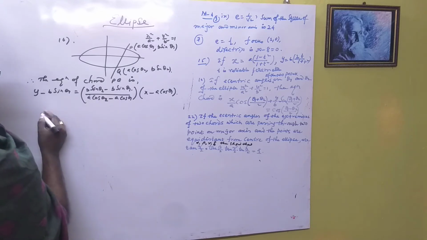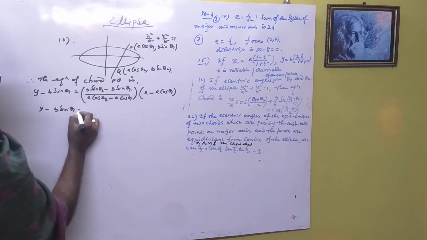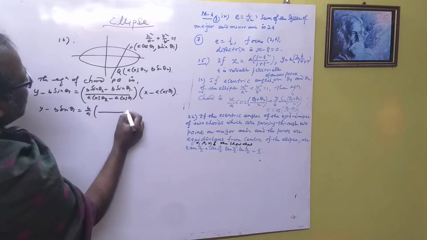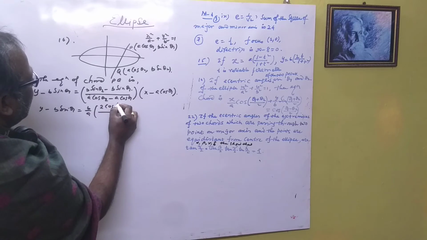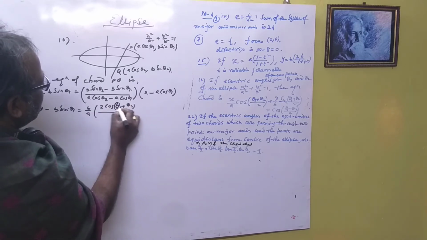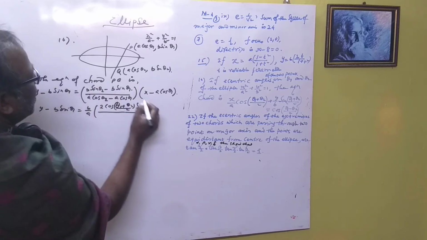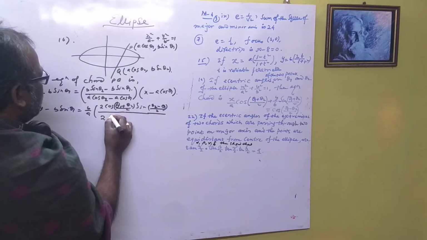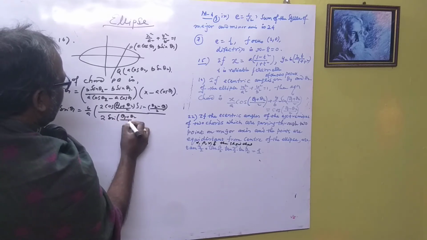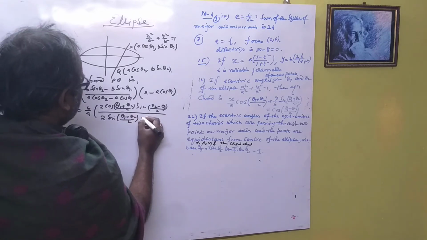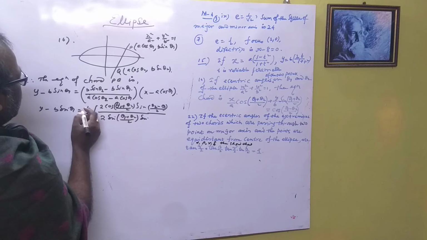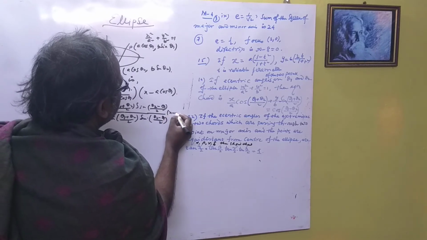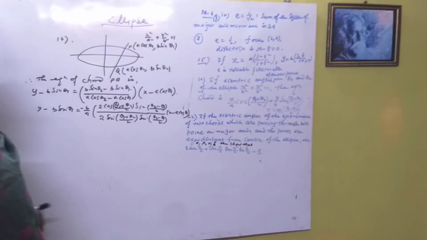We simplify this: take b common from the numerator and a from the denominator, so b by a, and then sin C minus sin D is 2 cos of (theta 1 plus theta 2) by 2 times sin of (theta 2 minus theta 1) by 2, and for cos C minus cos D we get minus 2 sin of (theta 1 plus theta 2) by 2 times sin of (theta 2 minus theta 1) by 2, and taking the common minus, we can write theta 2 minus theta 1 by 2, times x minus a cos theta 1.